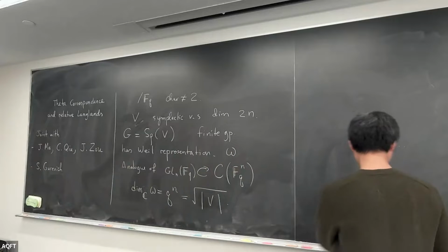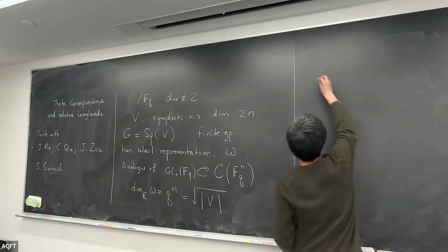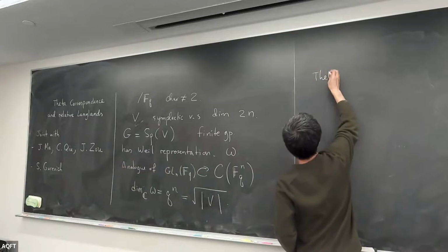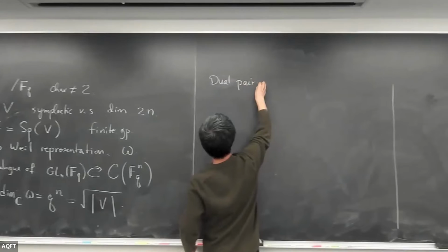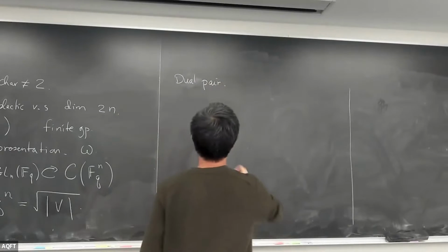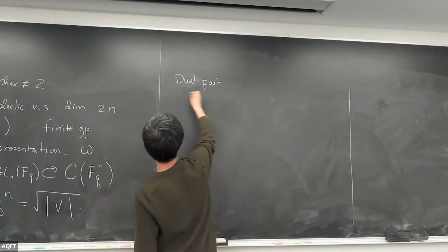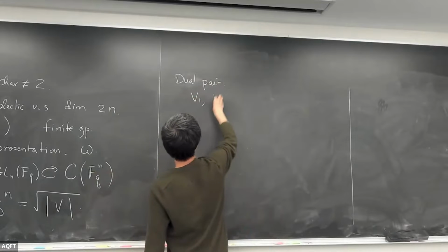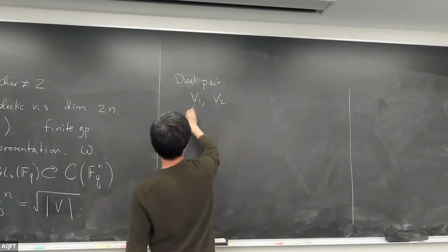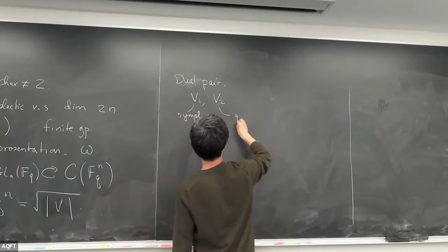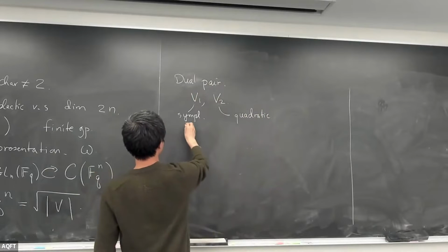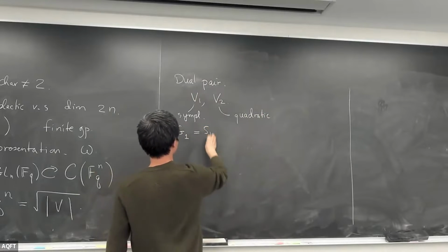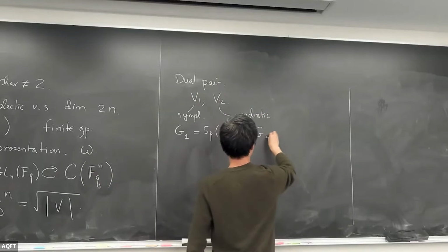And now we'll consider a pair of commuting subgroups in G. So suppose we start with two vector spaces, and the first one is a symplectic vector space. The second one is a quadratic space. And they give rise to a symplectic group and an orthogonal group.